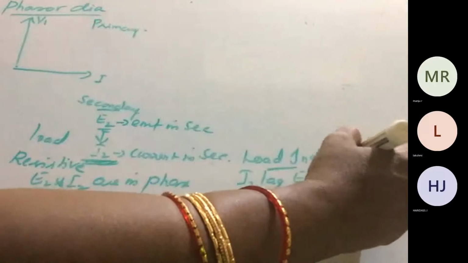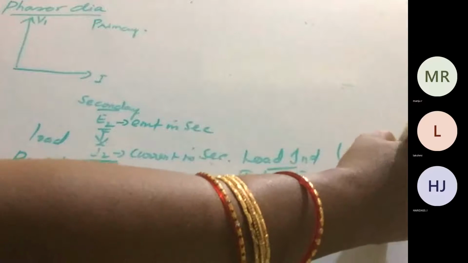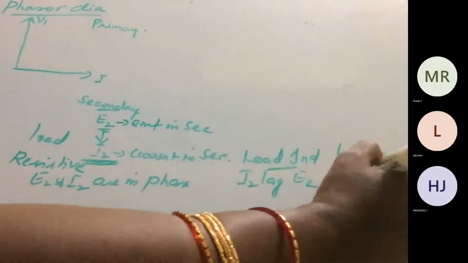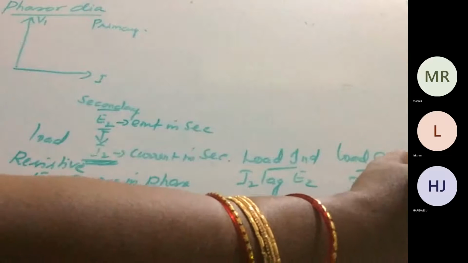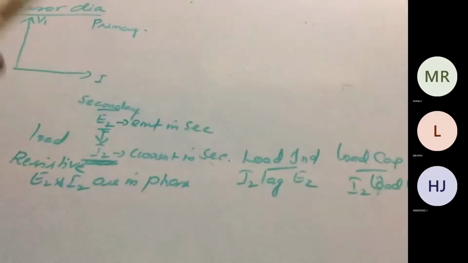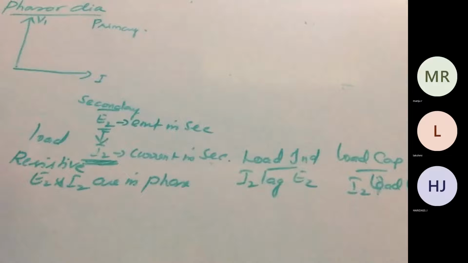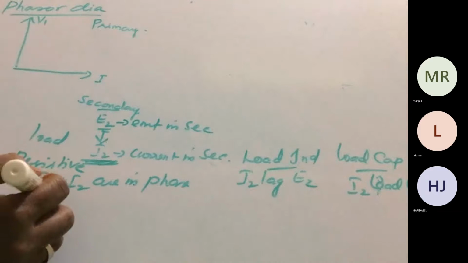If the load is capacitive, I2 leads E2. Either lagging or leading, we say it with respect to current only. So generally you take I as the reference, V1 as the primary voltage, and E2 as the induced EMF in the secondary.